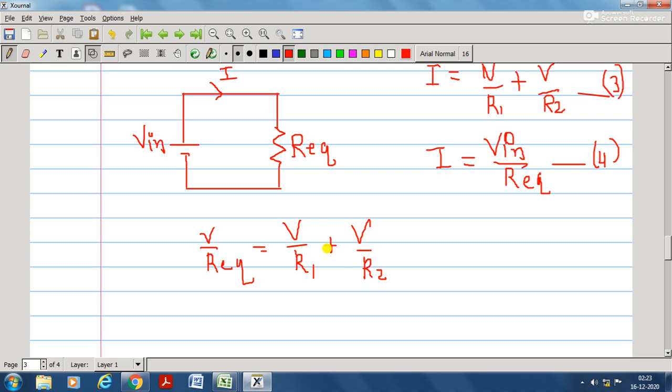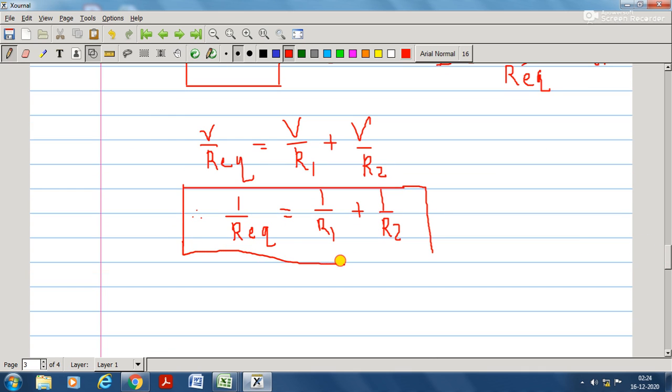If we take V as common, we can write that 1 upon R equivalent is nothing but 1 upon R1 plus 1 upon R2. So this is the equation for parallel combination of resistors.